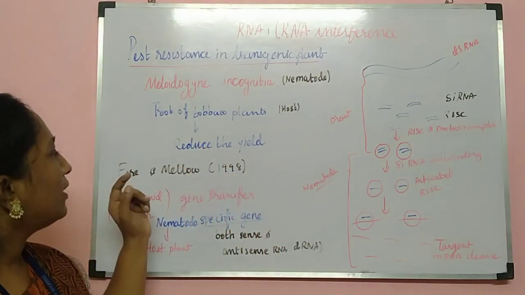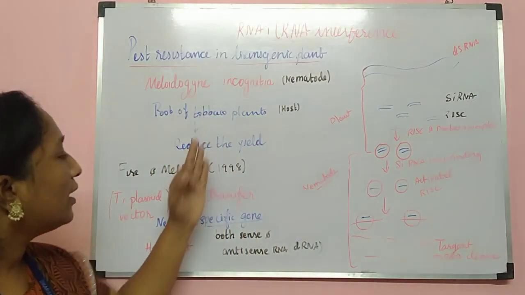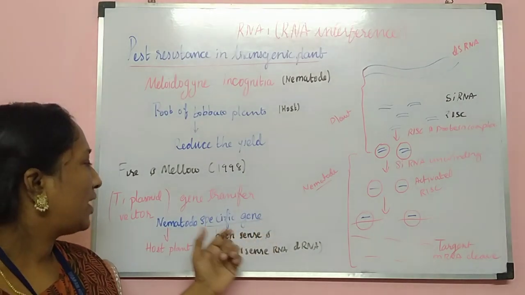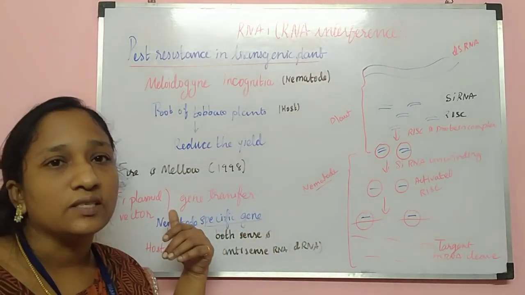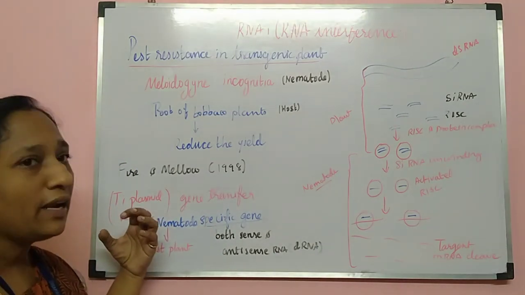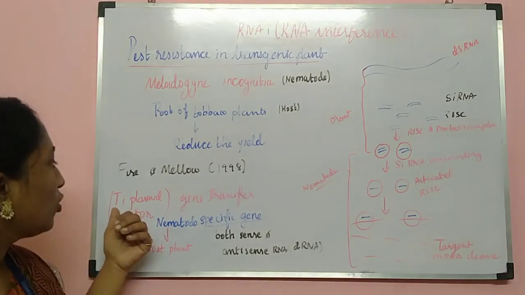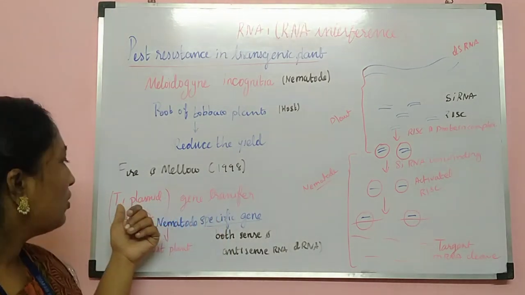Because of that, Fire and Mello in 1998 introduced a nematode specific gene by using the Ti plasmid. The Ti plasmid is taken from Agrobacterium tumefaciens, which is a bacterium. From the bacteria, the plasmid is collected.